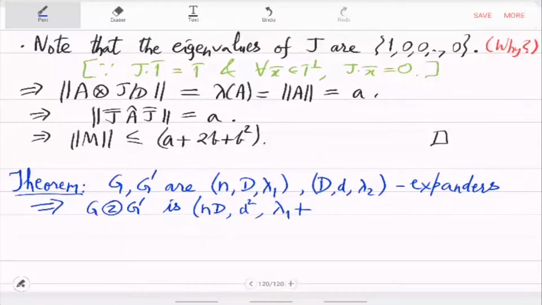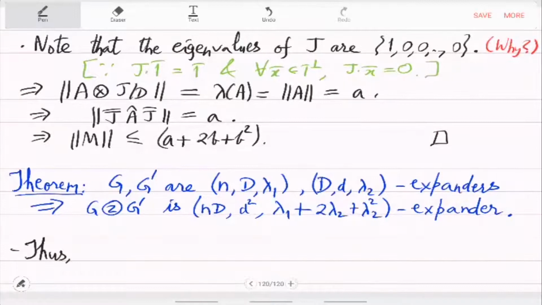So, that is lambda 1 plus 2 lambda 2 plus lambda 2 square expander. Okay, so this lambda 2 we have to pick small enough, so that lambda 2 plus lambda 2 square is not that much.